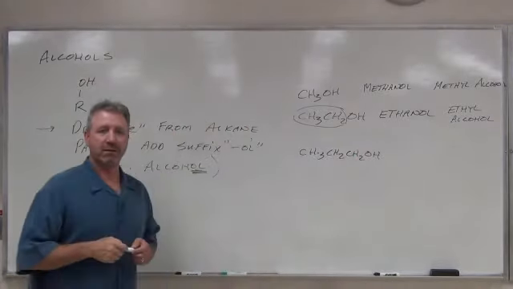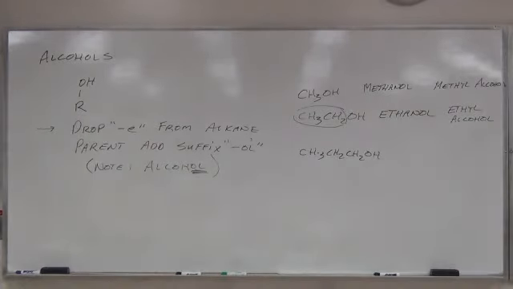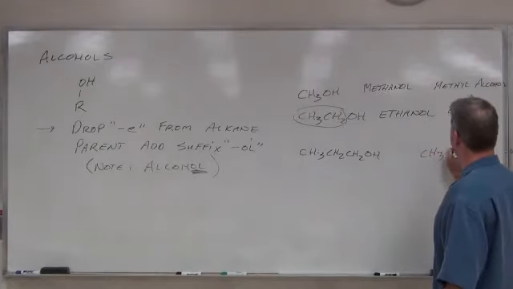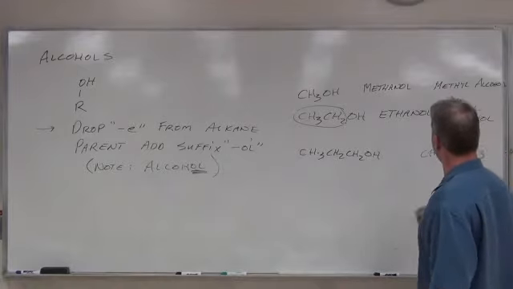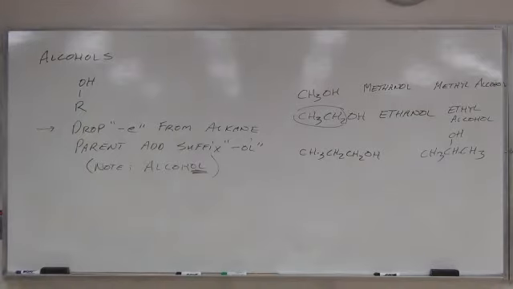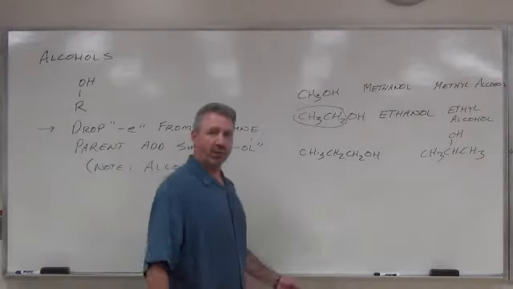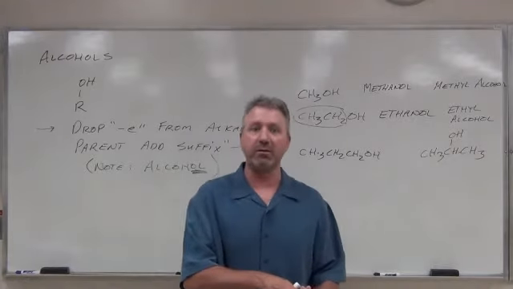What's that one? Propanol. Okay, hold that thought. What's this one? Is it isopropanol? Well, they're both 3 carbon chains, right? Okay. So once you get to 3 carbon chains, if you want to use IUPAC, you have to locate where the OH group is.